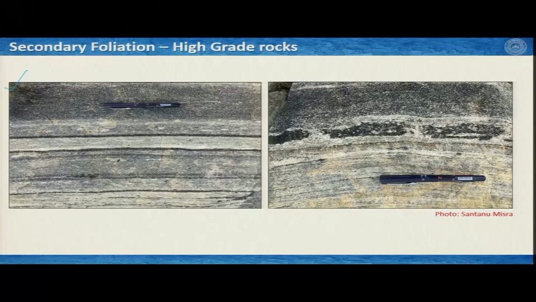Now, to answer your question, you have to be very careful. In secondary foliations, particularly in high grade rocks, you must see features like this, flattened clasts, something like that. Here, these are generally parallel to the fabric you look at here, and these colors are generally dark and white or black and white.